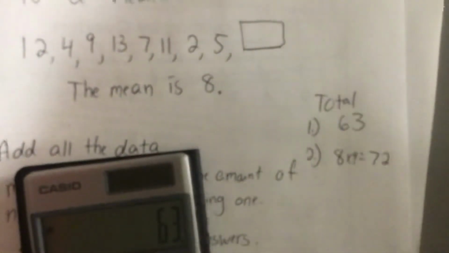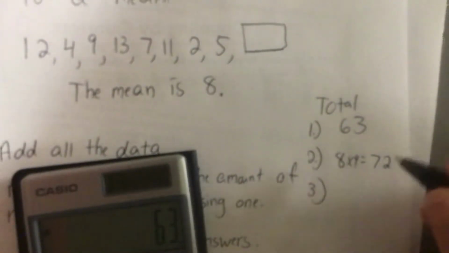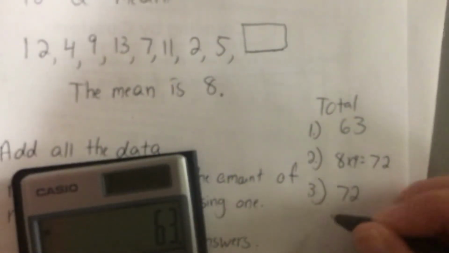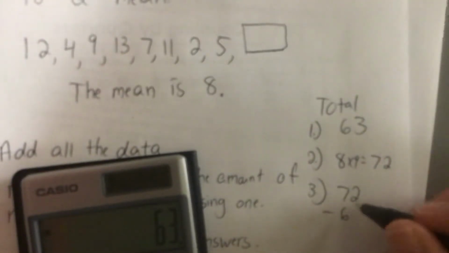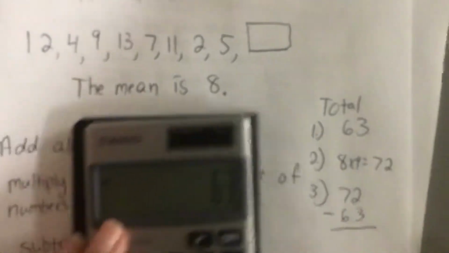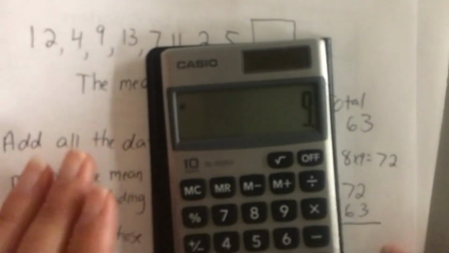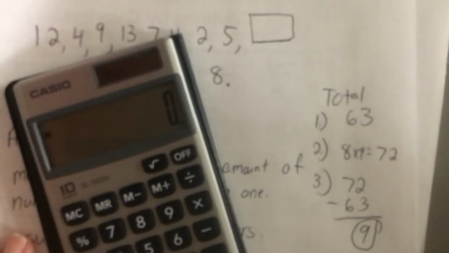And then step 3, we're going to subtract those two. So you're going to take your bigger number on top, 72 minus 63. And you get 9. So we're pretty sure that 9 is the missing number in our data set.